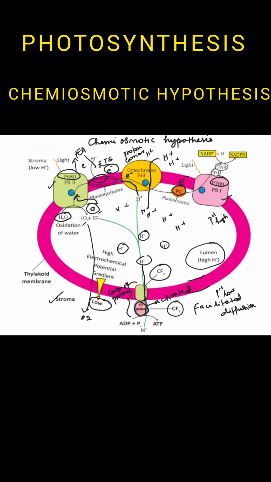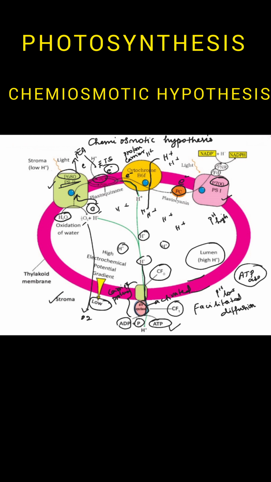When the proton passes through the CF0, the enzyme ATP synthase, otherwise called ATPase, gets activated. The adenosine diphosphate combines with inorganic phosphate and produces ATP. This is how ATP is generated in photosystem 2.